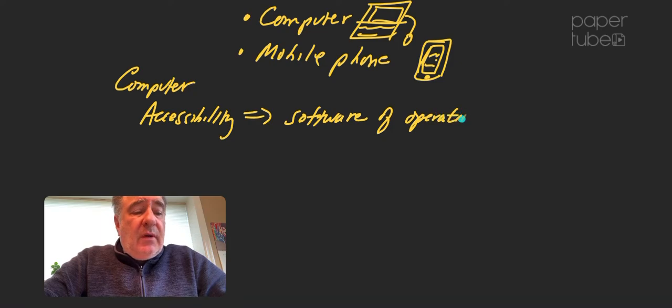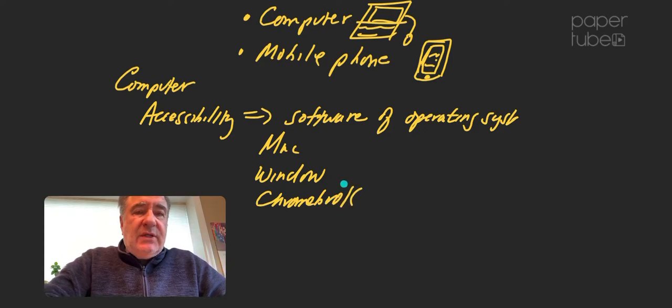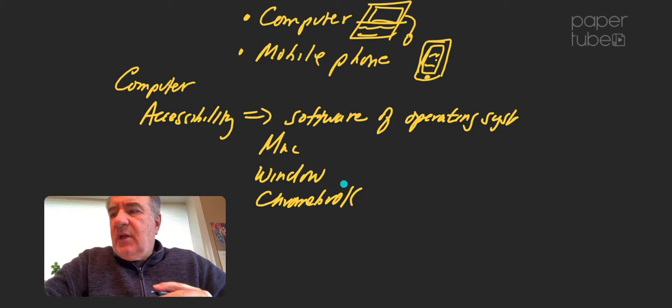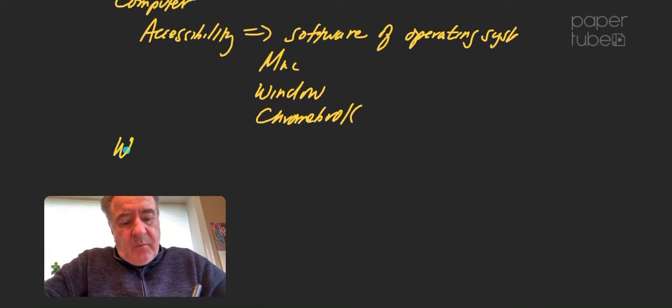And so whether you're using a Mac or a Windows computer or a Chromebook, all these devices have, to varying degrees, accessibility features built right in.